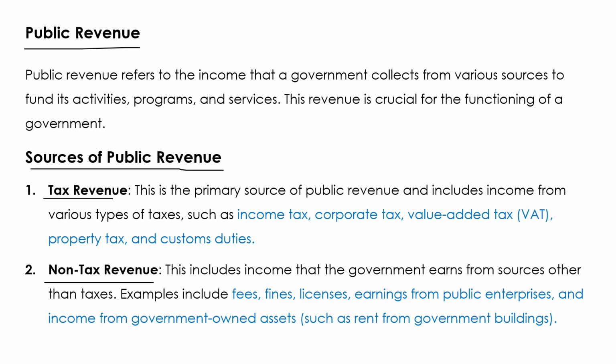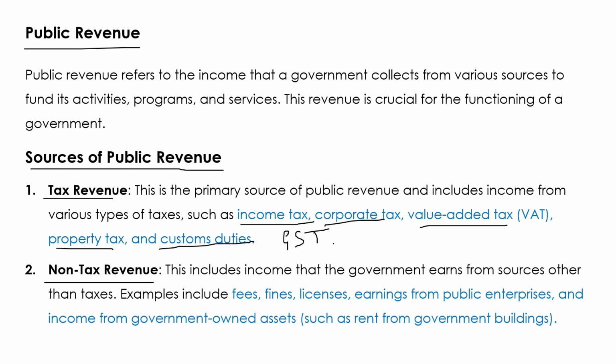In the next video, we will discuss what taxes are, direct tax and indirect taxes. Mainly, the tax revenue includes income tax, corporate tax, value added tax, property tax and customs duties, and GST is also very important for the government's tax revenue.